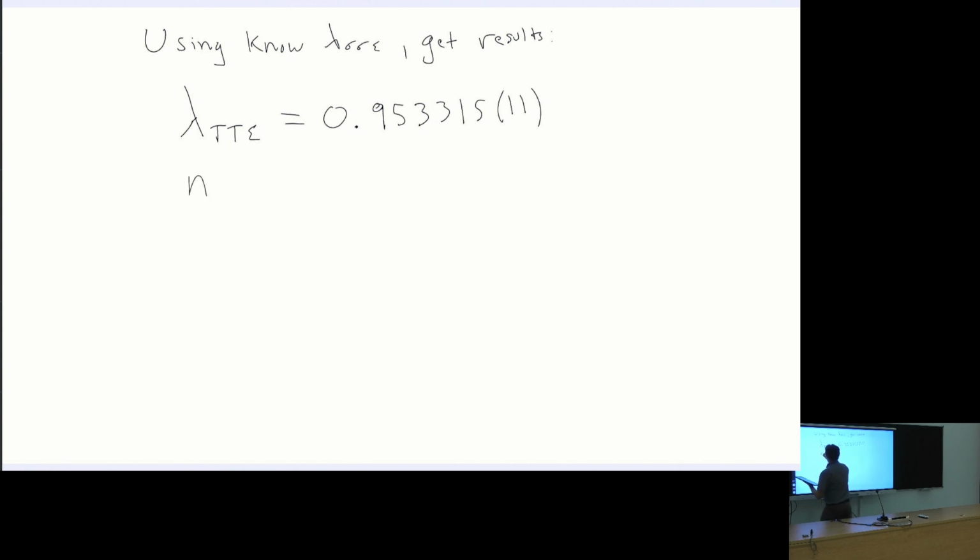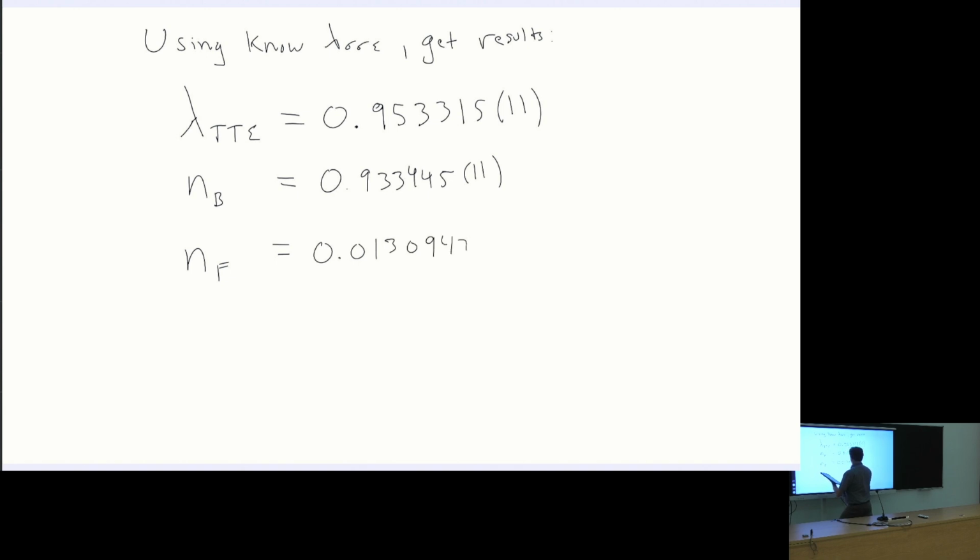We get very good determinations of the TTT OPE coefficients, which we can parameterize either using NB and NF, the coefficients of the bosonic and fermionic structures, or the central charge and theta. But let me give you both. So now we get very good determinations of both of these numbers.